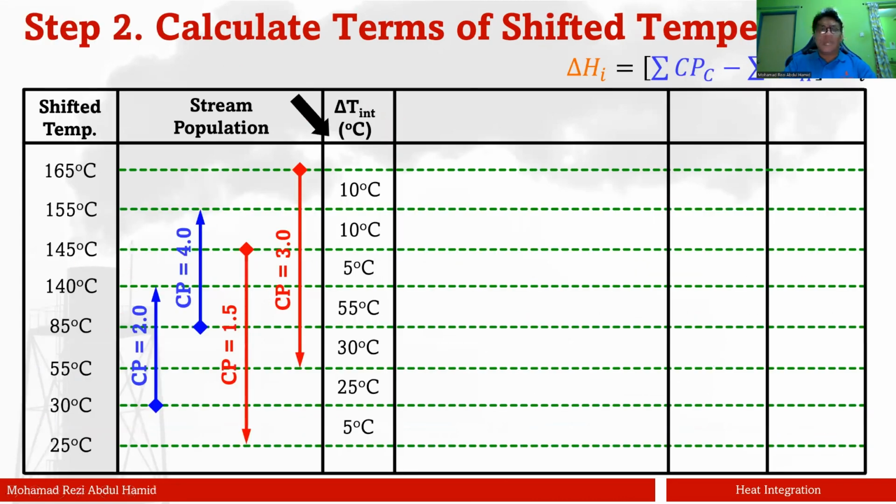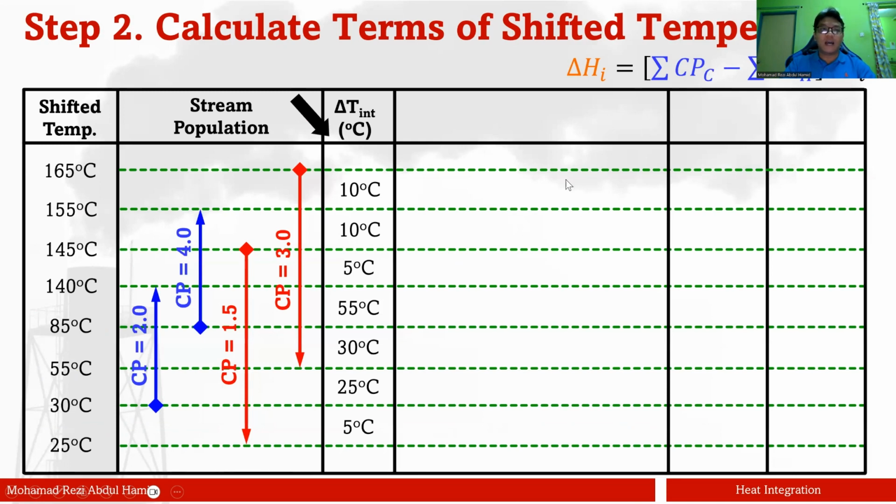The next step is basically to populate this table, and then calculate the remaining column with this equation. I know you cannot see, but I will explain what the equations are.